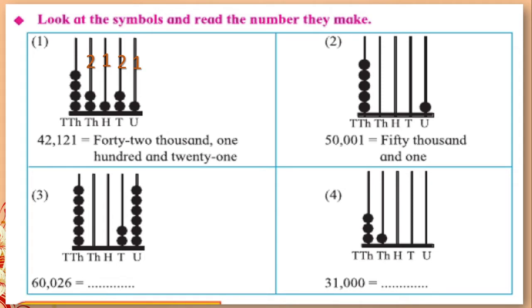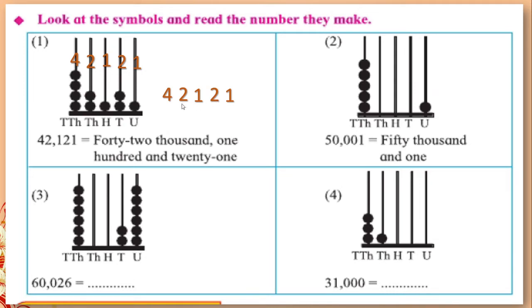And in the 10,000s place we can see 4 beads. Say the numbers. I will write here. This means 42121, that is nothing but 42,121, isn't it?